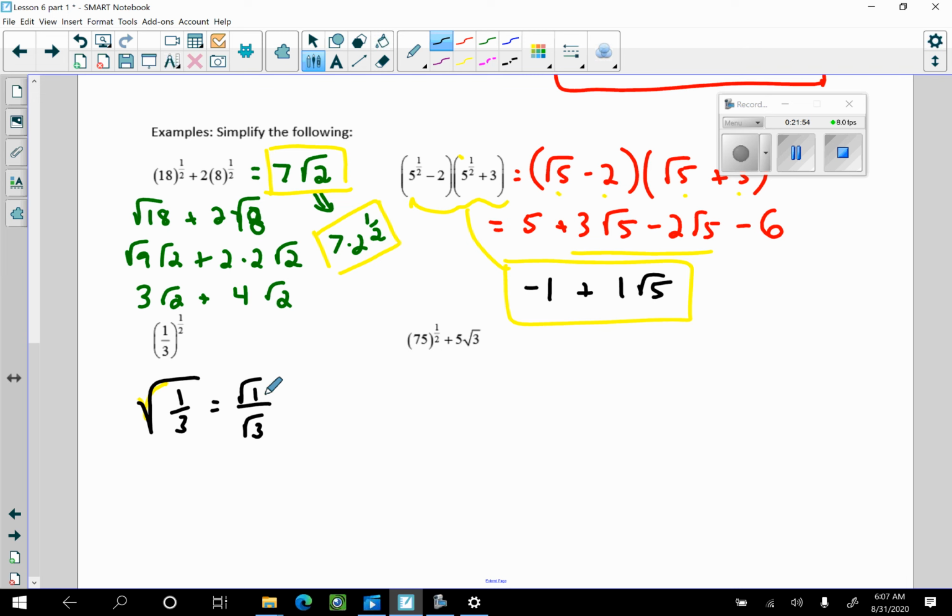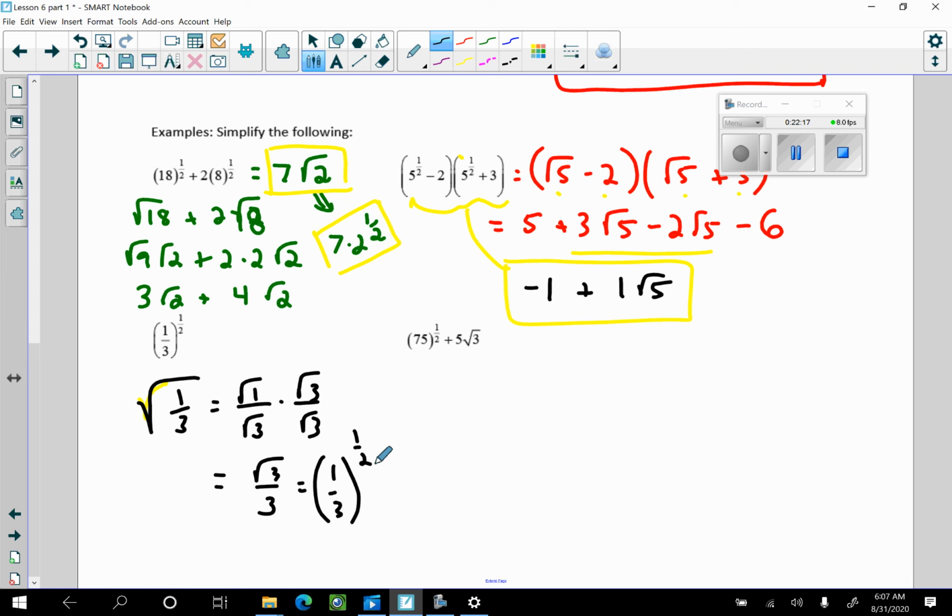Square root of 1 is 1, so I'm going to multiply this by square root of 3 over square root of 3, which is going to be square root of 3 over 3. And that is equal to 1/3 to the 1/2 power.